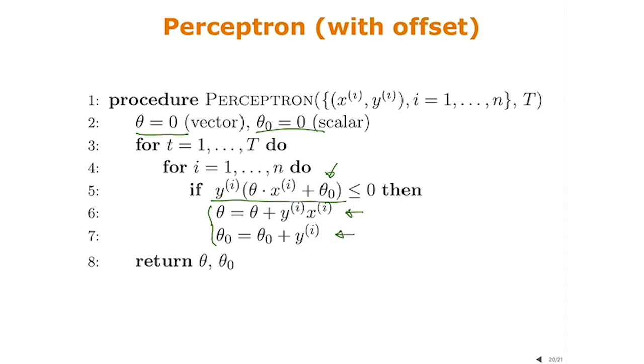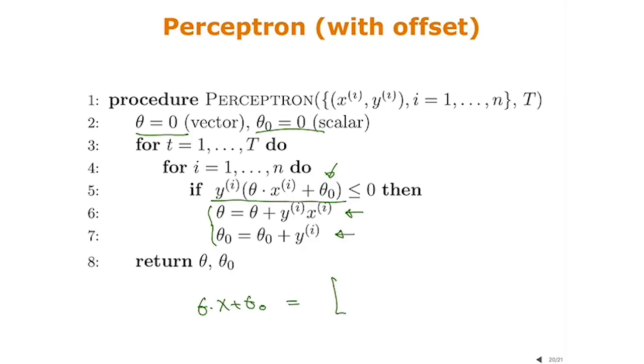Let's motivate how the offset parameter update arises. Take an arbitrary x: theta dot x plus theta naught. I can write this slightly differently, as if it were a linear classifier through origin, but taking slightly different examples.